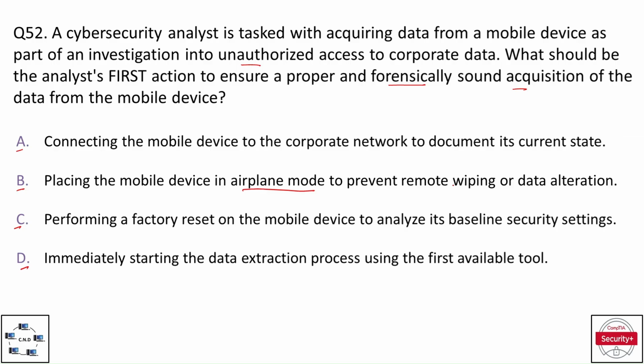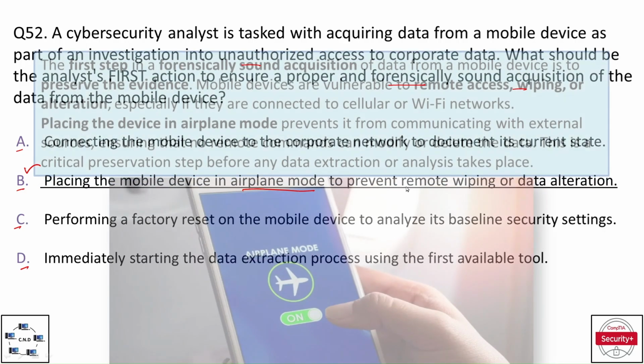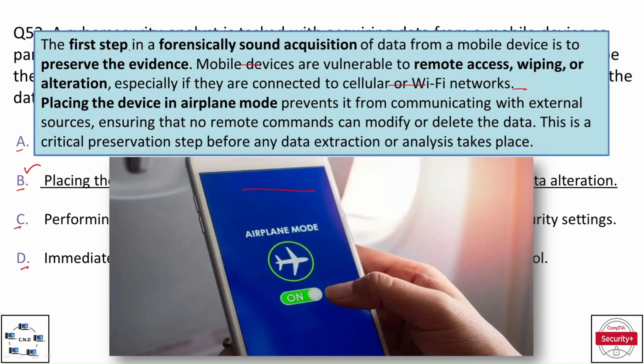And the correct option is placing the mobile device in airplane mode to prevent remote wiping or data alteration. And the explanation is, the first step in a forensically sound acquisition of data from a mobile device is to preserve the evidence.